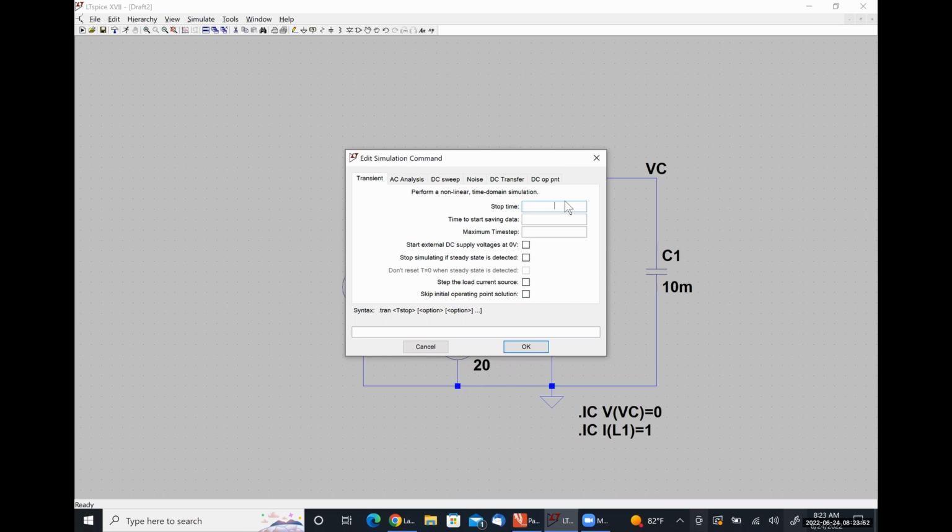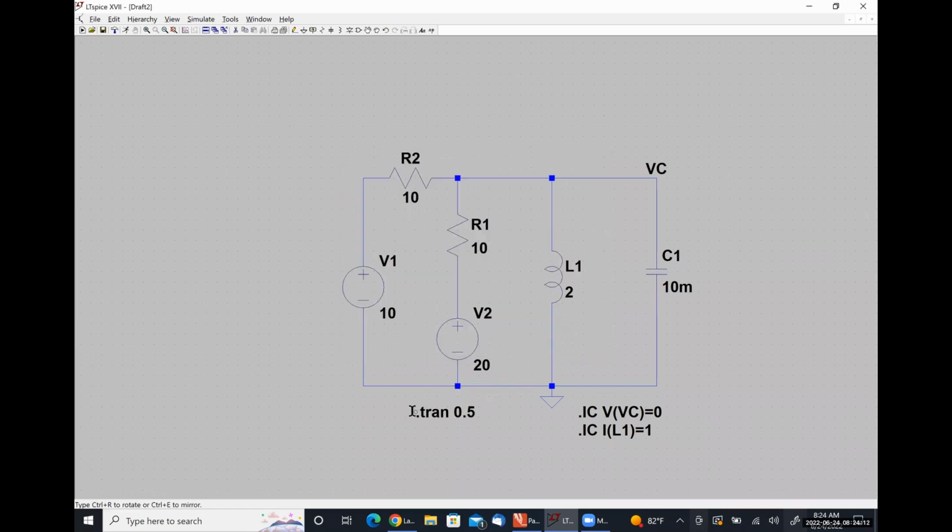I'm going to look at our circuit starting out for 0.5 of a second, because I think that's a reasonable estimation of how long it's going to take our signal to decay to its final value. It might take longer or shorter than this, and we'll edit as we need to, but I usually start with 5 times the reciprocal of alpha to give me a ballpark of how long I need to look at this thing. Okay, I'm going to run my simulation command.